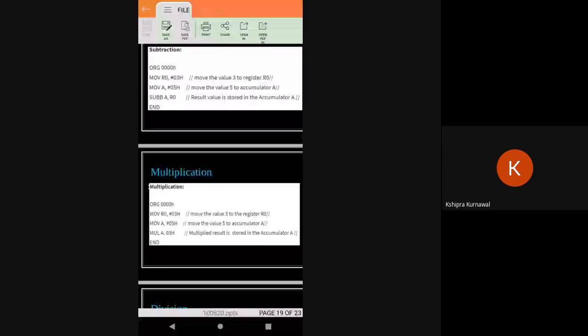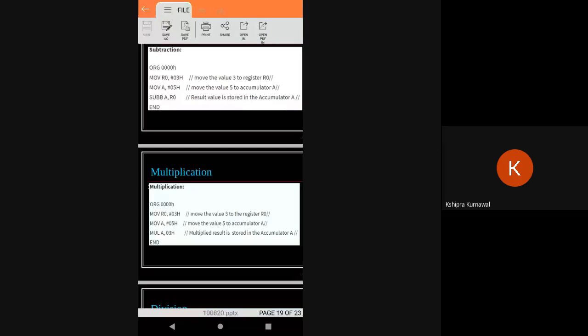Now, instead of this 03H, if I ask you to write the instruction for multiplication in a different way, how can we write? Just think on this. I will give the answer. Other way to write the same instruction. How can we write? Okay, if you think on that, I will give one of the solutions, that is MUL A comma R0.